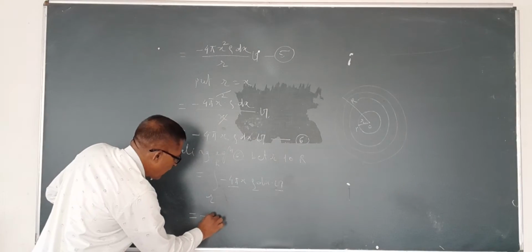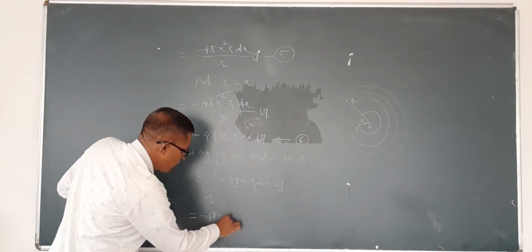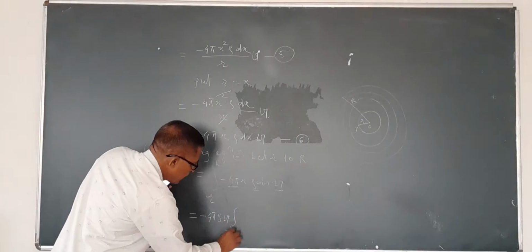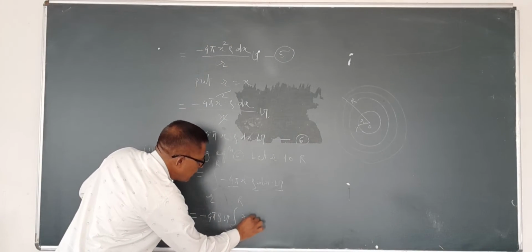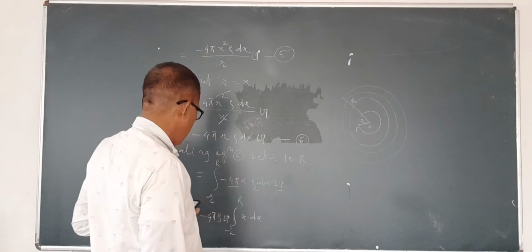So, minus 4 pi rho g, integration from r to R of x dx.